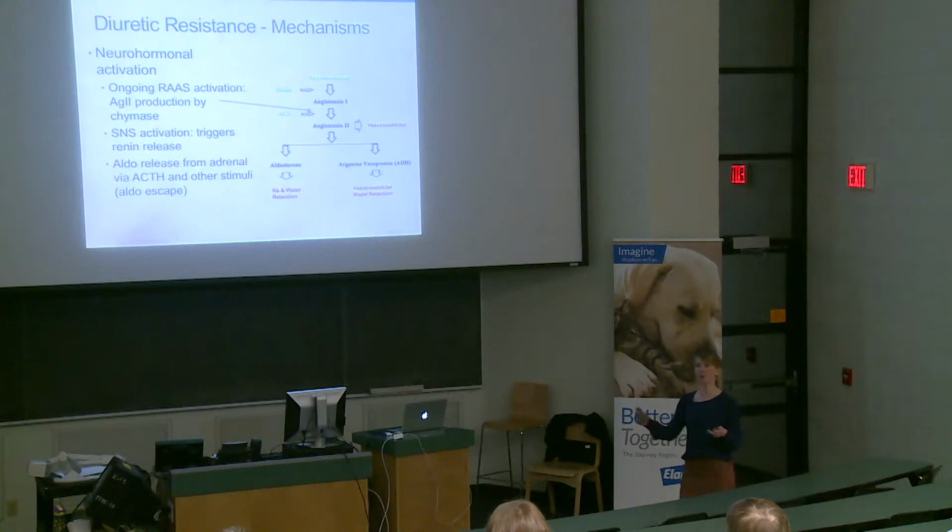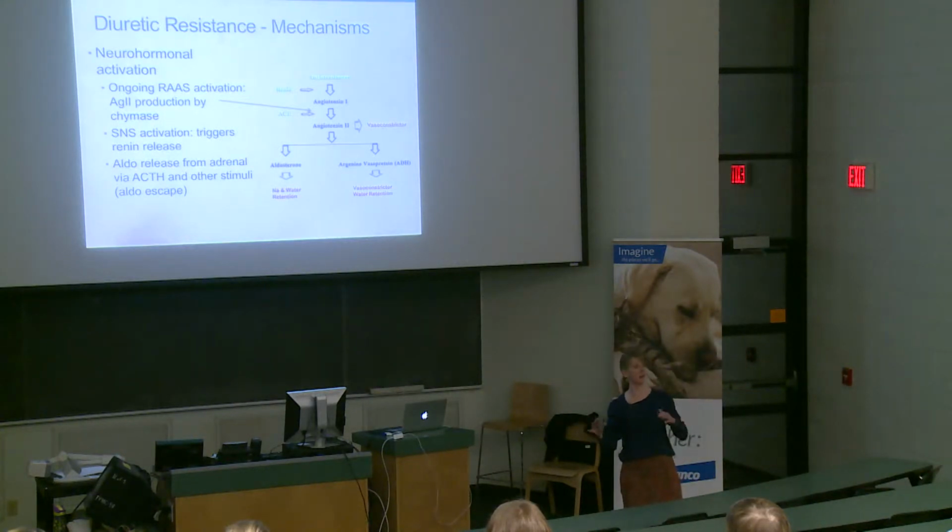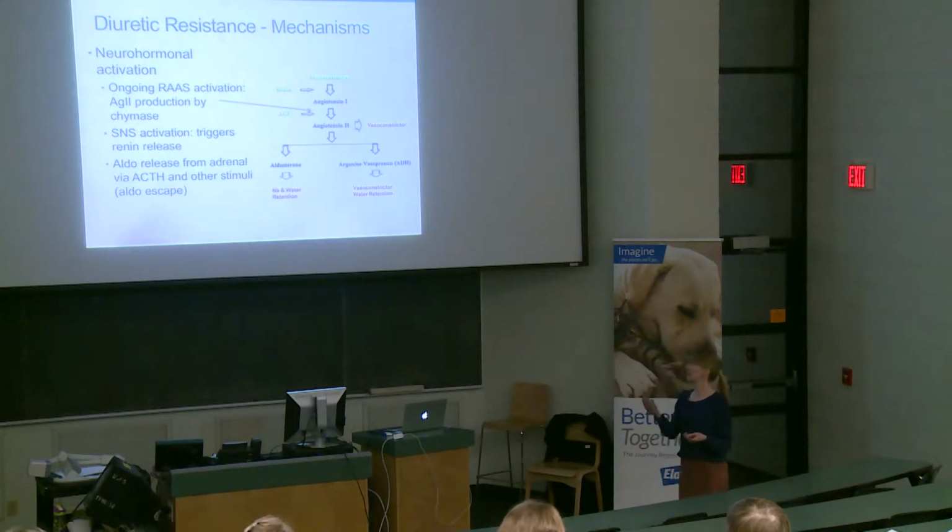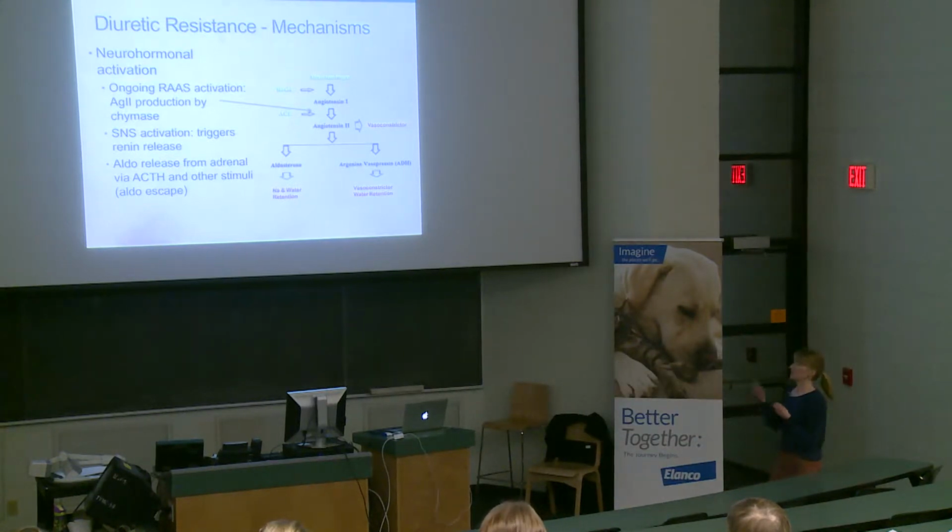So there are pathways outside of or in addition to the ACE pathway for production of angiotensin 2. So we are going to have that upregulated. We also have the fact that the sympathetic nervous system, we already said that that's upregulated, so that is going to continue to trigger the pumping out of renin. And then we also have some escape mechanisms whereby aldosterone is released from the adrenal by mechanisms other than just the RAS system. So that's going on as well.